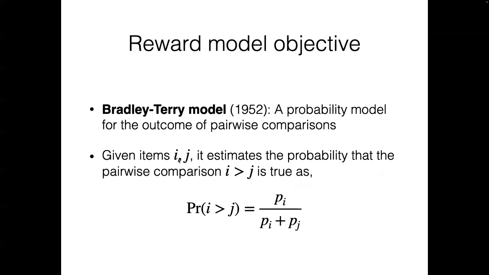So it says, given two items, i and j, the probability that the pairwise comparison "i is better than j" is true is given here. And it basically just says the probability of i over the probability of i plus j. So very simple model.